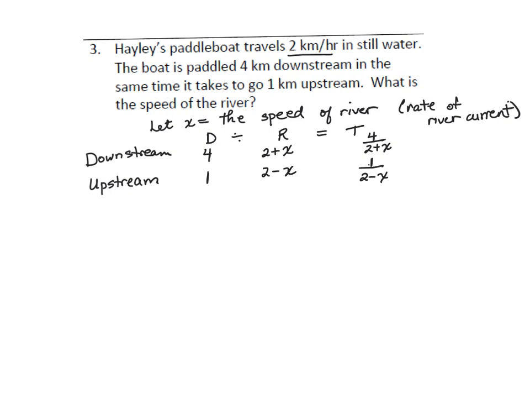And now we have to relate the times. What do we know about the time? The boat is paddled 4 kilometers downstream in the same time. So the time going downstream, which is 4 over 2 plus x, is equal to the time going upstream, which is 1 over 2 minus x. And that's how we would set up the problem.